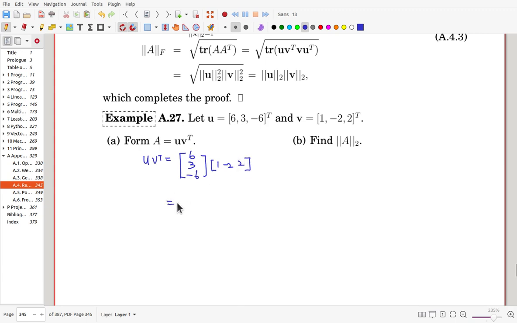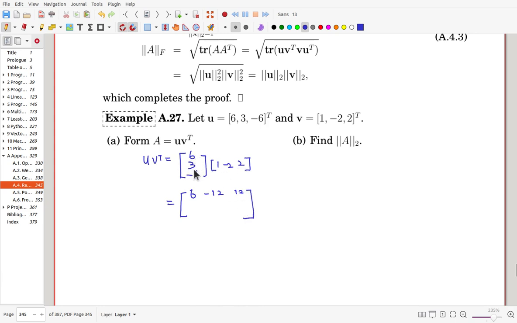Now this product can be obtained in this way, row times column: first row, first column is 6, first row, second column is minus 12, and third column is 12.